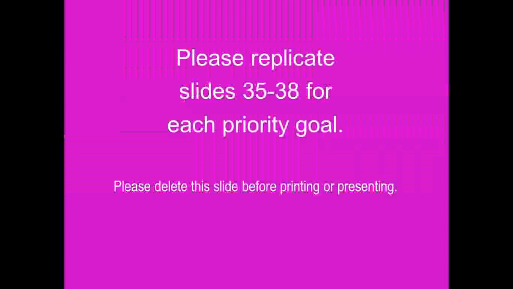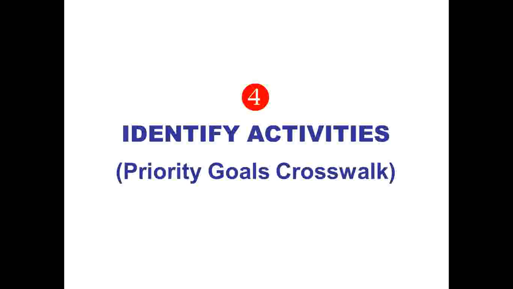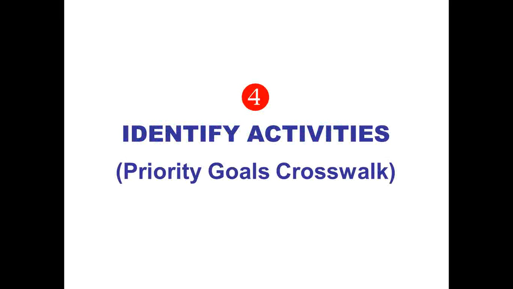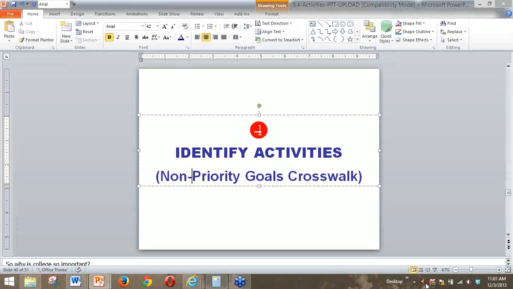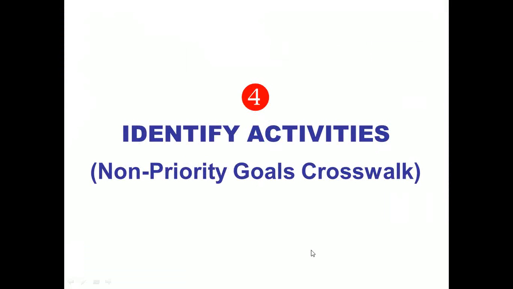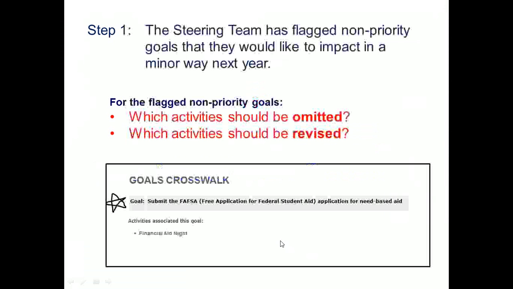Okay, before you present this presentation, take out this slide, the hot pink slide. And then after we've looked at your priority goals, we want to, and here's a typo, I'm just going to go ahead and fix this right now. So you see this should say non-priority goals crosswalk. Now we're going to look at key non-priority goals.